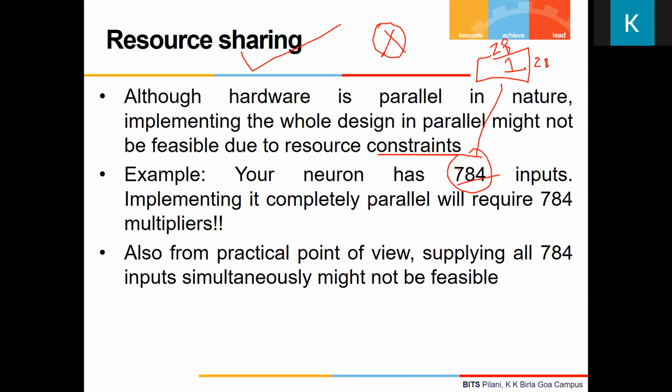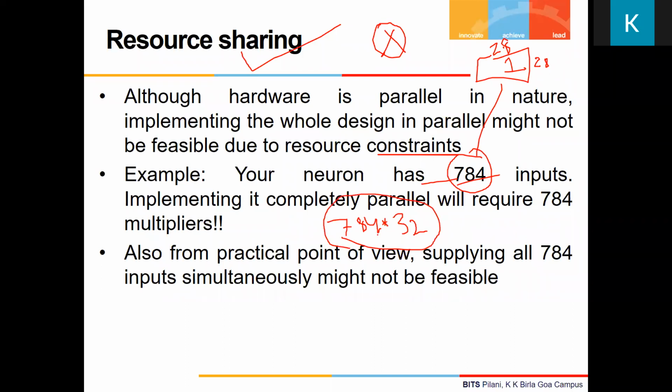It is not practical, not feasible. If I am giving it through an internal bus, my bus width should be 784 times whatever the input width is, say 32 bits. I need a bus with this much width.